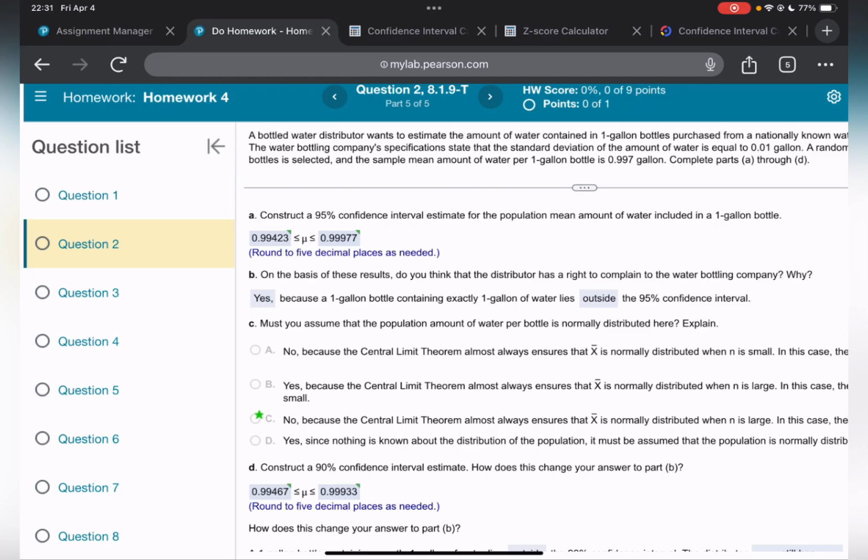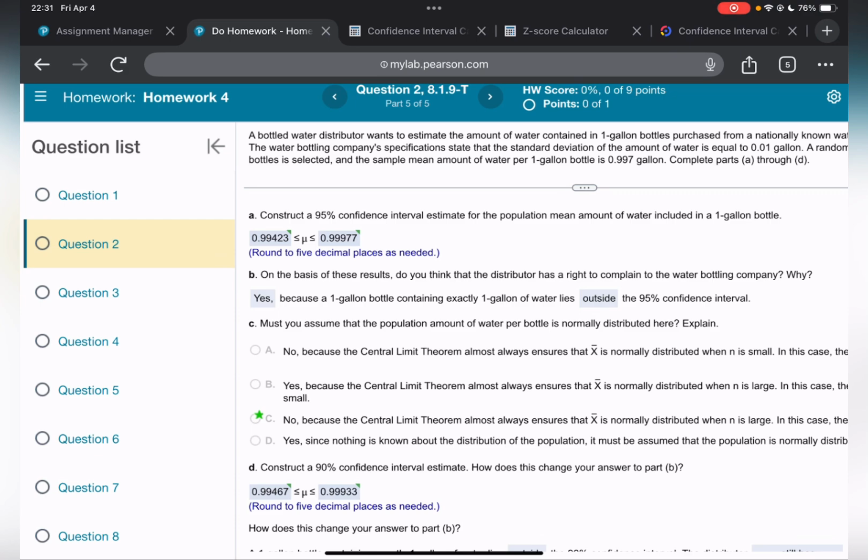Here we have 0.99977. Well, I guess we have no choice. You put the answer, and I'll see that you are close. Because they want 4 decimals, and we have there 2 or 3 decimals. So I'll see that your number is correct. It's only 3 decimals, not 5, and I'll give you credit. It seems to me this homework will have a lot of problems, because I was going through and I caught another problem here also. But that's all right. As long as I can explain to you and you understand, that's all that matters.